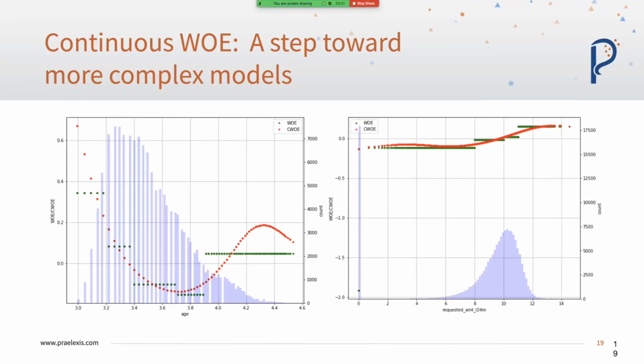Continuous weights of evidence is a way to estimate the nonlinear weights of evidence transformations without discretizing a variable. This avoids creating discontinuities in the variables, which could result in similar individuals obtaining significantly different credit scores. It also reduces the need for manual building by using an algorithm to determine the optimal weights of evidence transformation.